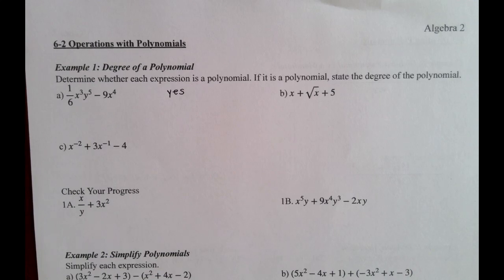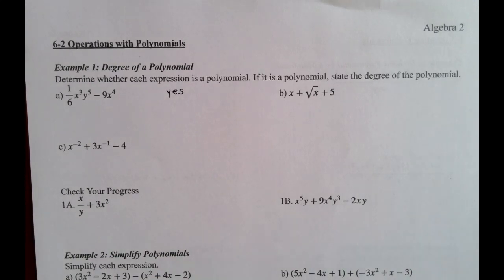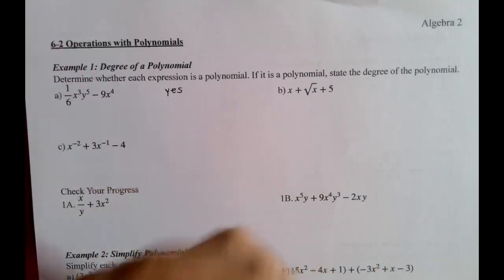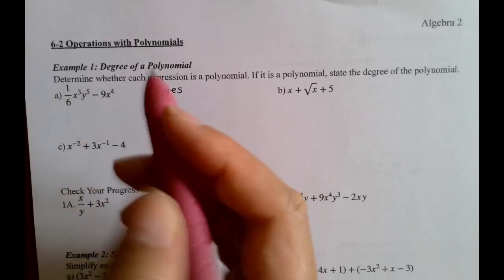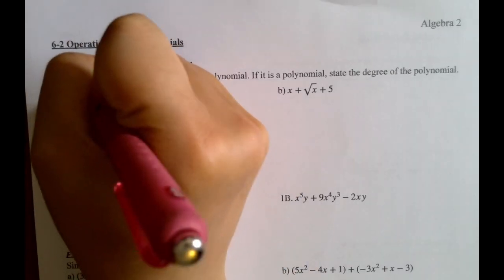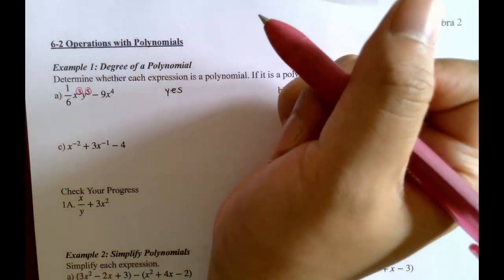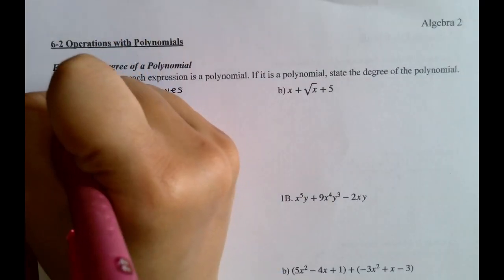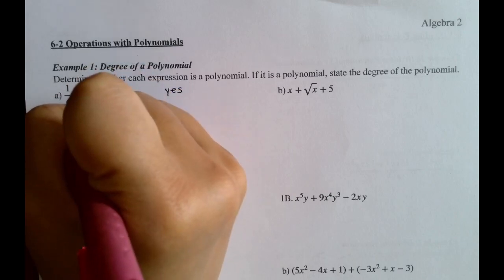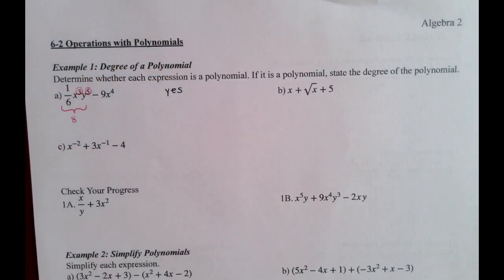And then to find the degree of the polynomial, it's going to be the term with the highest degree, whatever that one is, that's going to be the degree. So for example here, this is the first term, 1/6 x to the third y to the fifth. Looking at the variables and their powers, x has a 3, y has a 5. So this first term has a degree of 8 because 3 plus 5 is 8.